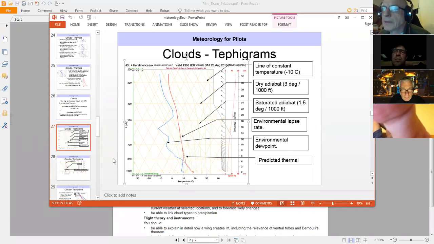The various lines on here give us our saturated and dry adiabatic that we were talking about, and the dotted line you see here is a thermal that's being released. Now this is a much more realistic example of what actually occurs, and we'll zoom into it in a second.